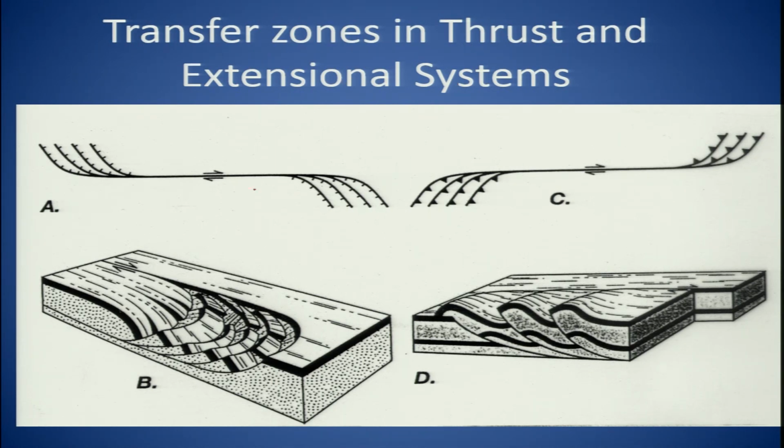If you have, for example, transverse zones in thrust and extensional systems, then you are going to see the formation of similar structures. If you have thrust faults, then you will see folds forming, as well as en echelon folds or faults which result in folding, and in this case you will have extension.